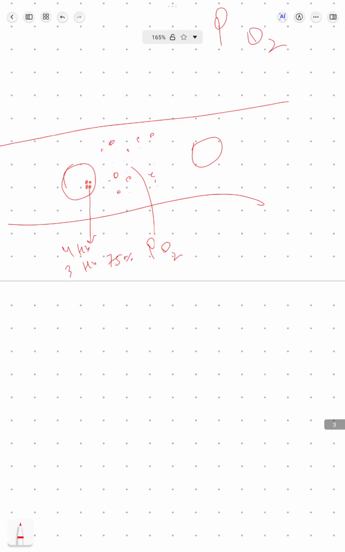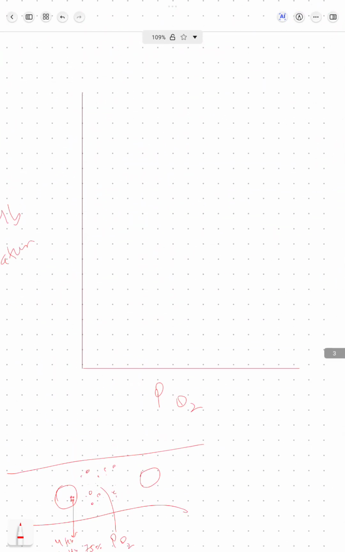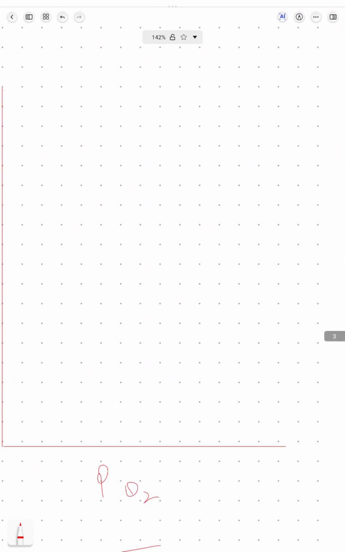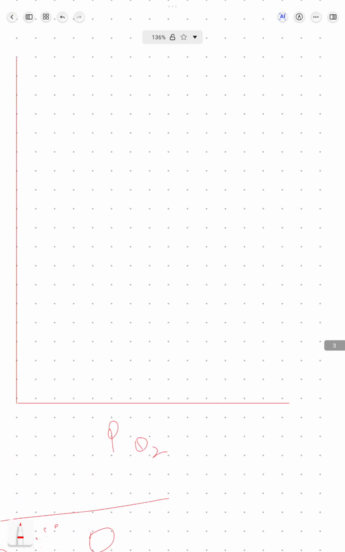By understanding this basic concept, let's start with the normal curve. For this also we need a blood vessel.